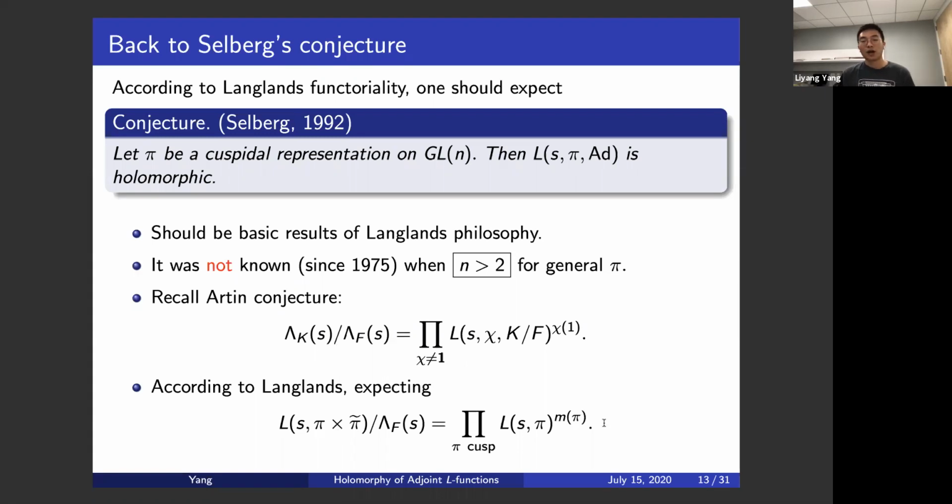And we don't know if such a decomposition exists or not, but we do know each factor here should be holomorphic. So on the algebraic side, we have this decomposition, but we don't know each factor. On the analytic side, we don't know such a decomposition, but we do know each factor.